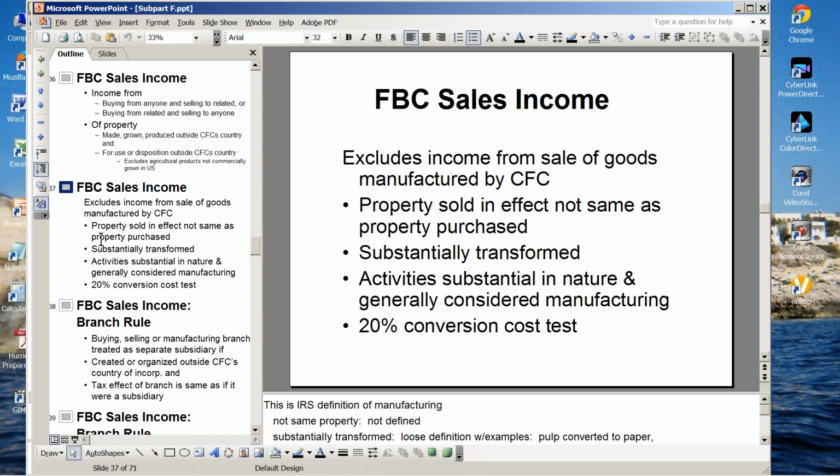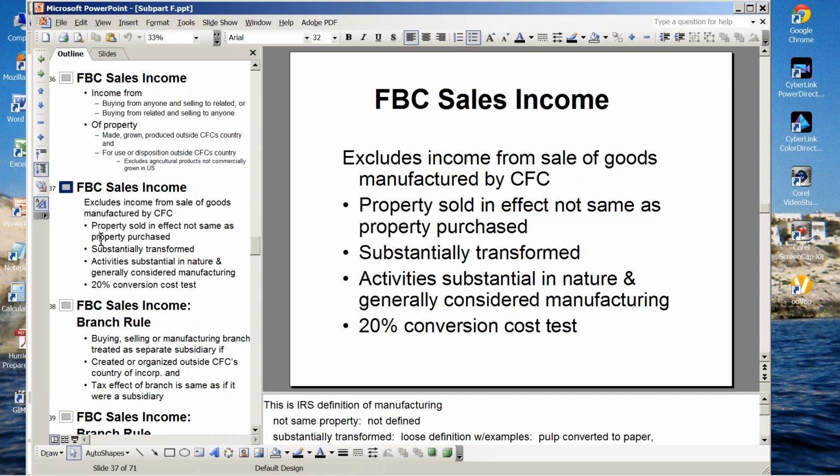For instance, if I buy some steel in large bars and I roll it into sheet, then I've substantially transformed it, or the property sold is in effect not the same as what was purchased. Steel bars and steel sheeting just really aren't the same.